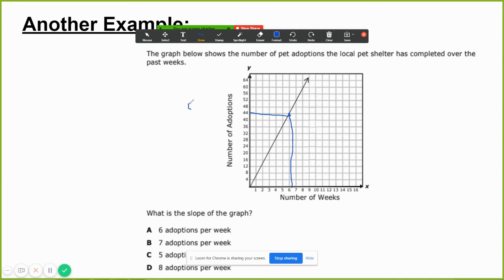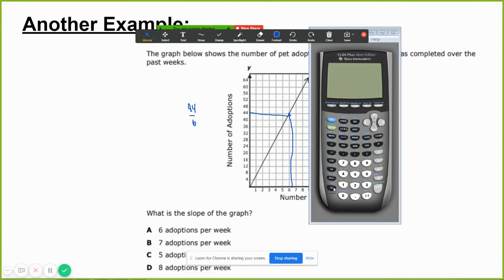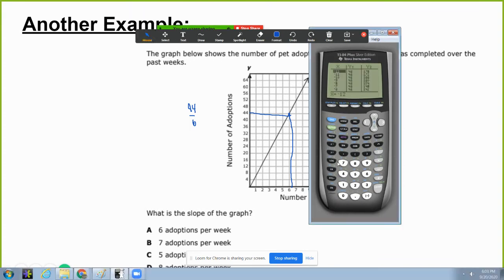Okay, so 44 divided by 6 would give us our number. And that number is 44 divided by 6, which is going to be a little over 7.